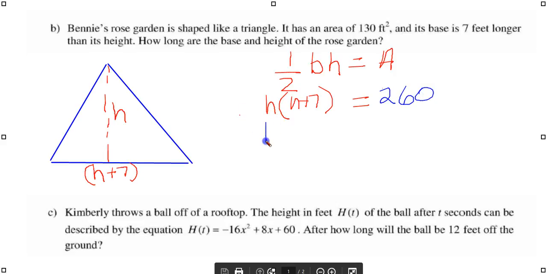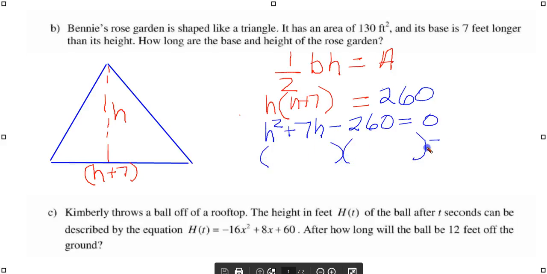Now, I'm going to get h squared plus 7h minus 260, as I transpose that, equals 0. So we get a quadratic equation, and this we're going to look to factor as well. Now again, you're looking for factors of 260.